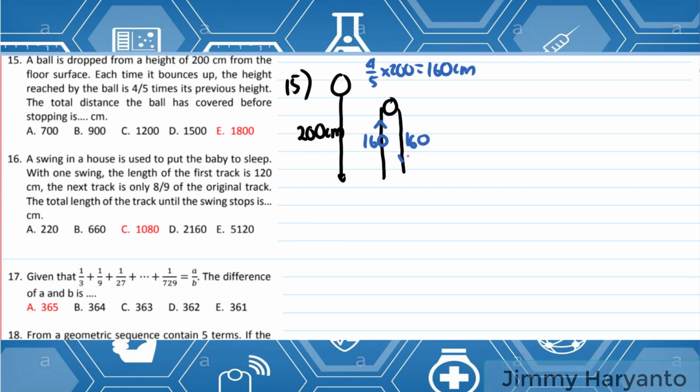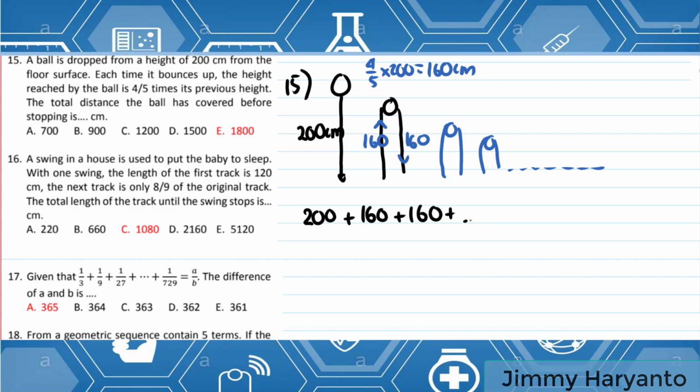This one goes up, this one goes down, and then the ball will bounce one more time, and then again and again, and so on. So the sequence will be 200 plus 160 plus 160 again plus and so on until infinity.